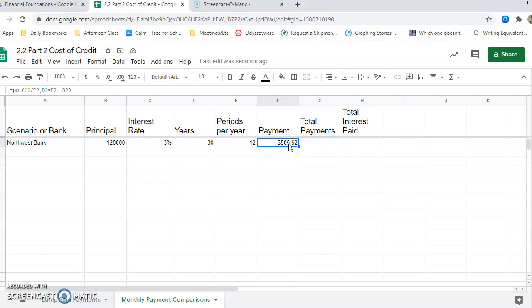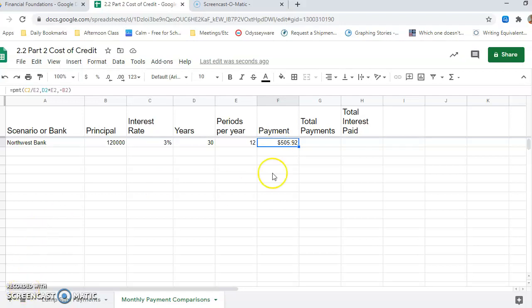Instead of doing that math, I just typed C2 divided by E2. Then there's a comma. Then the next thing is how many periods are there? How many times? Well, there's going to be 30 times 12 because it's 30 years, 12 periods each time. So then I put in my years column times my periods column, another comma, and then initially I'm borrowing $120,000. So negative of whatever my principal is. You're not going to have to write that formula, so don't get freaked out. That formula is going to be there.